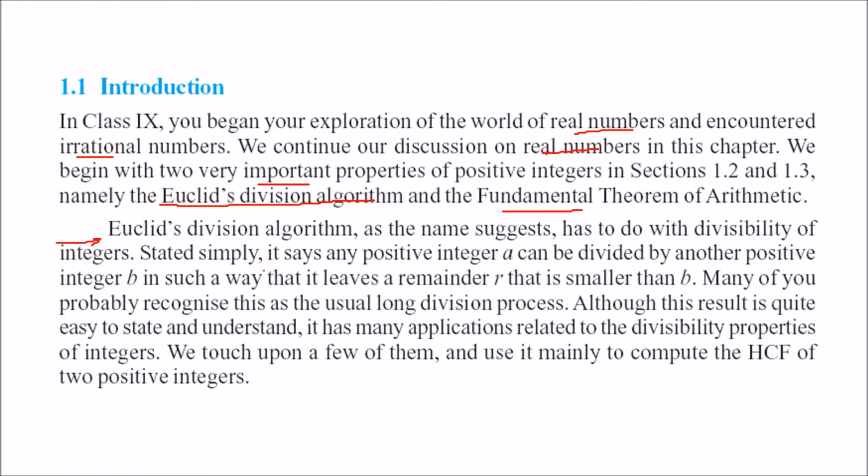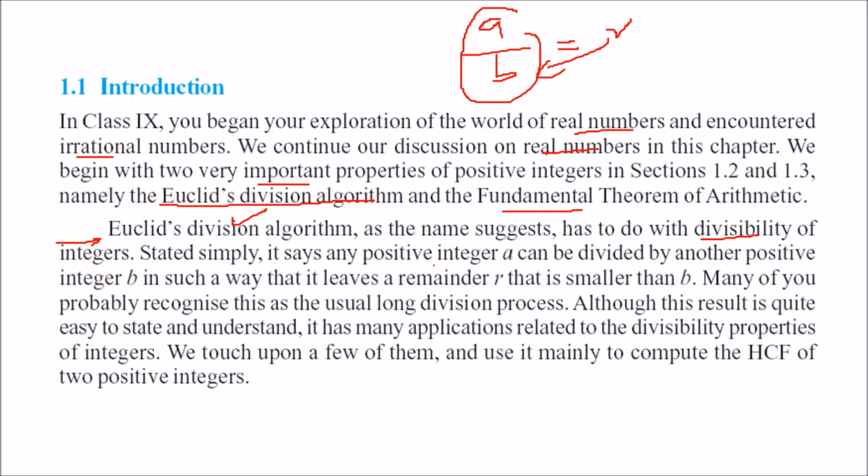First one, as the name would suggest, the division algorithm is related to the divisibility of integers, and we will see that a positive integer a when divided by any other positive integer b will give us some remainder r which is smaller than b, and we'll see it as a division process only.